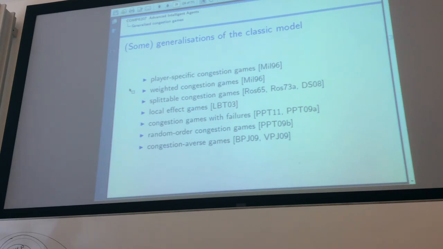Local effect games describe situations where resources are not quite independent. If you have neighboring resources, then the utility functions on them depend on each other. Which makes sense in situations where there are roads in the network, because if you have congestion on one road, then probably there is more congestion on the neighboring roads as well.